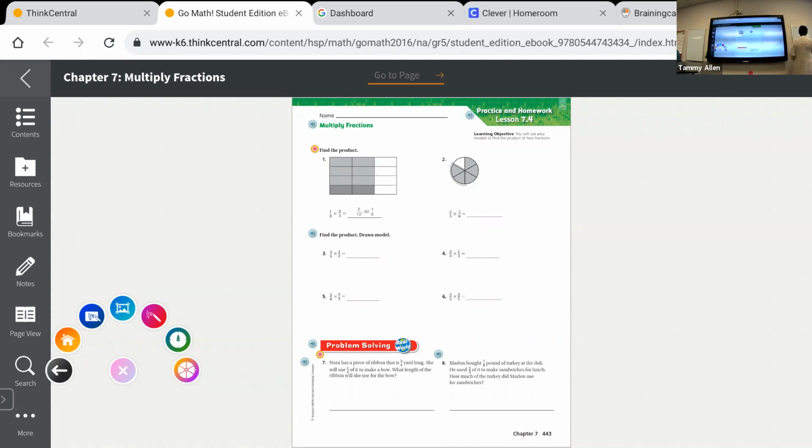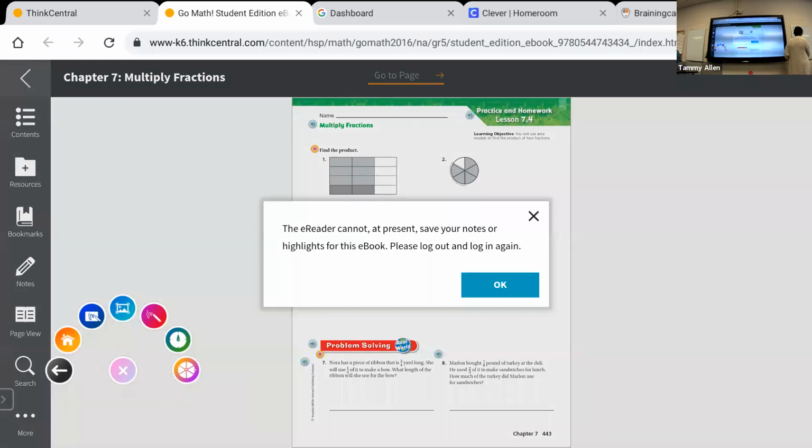Compare fractions. Multiply decimals. Let me make sure there's nothing else. I'm sure in our having to switch things around 500 different times for the snow days.